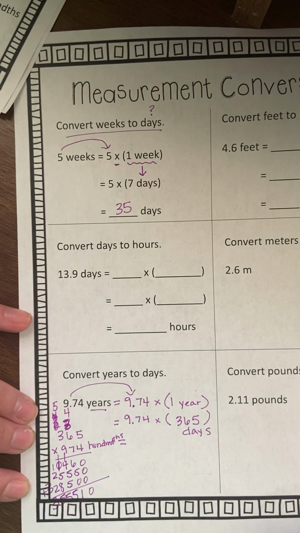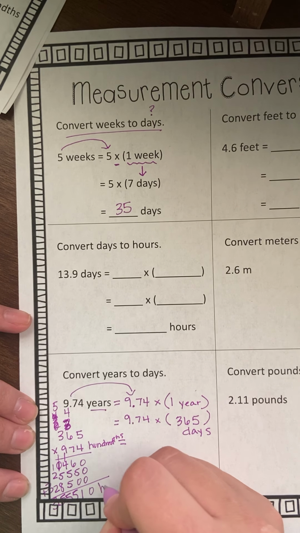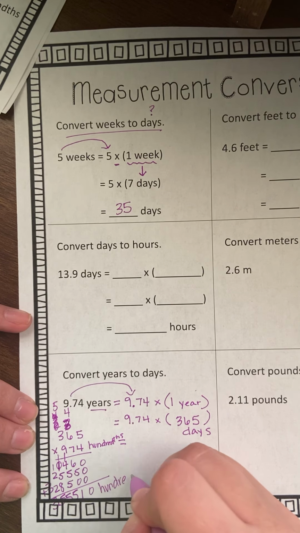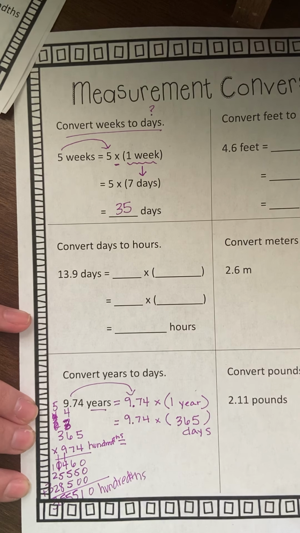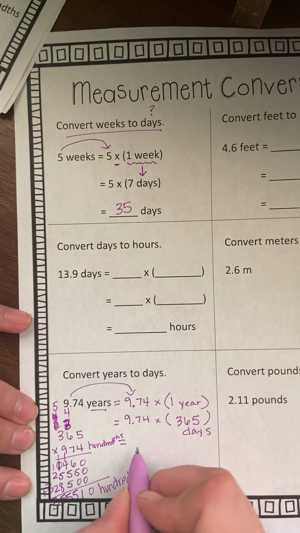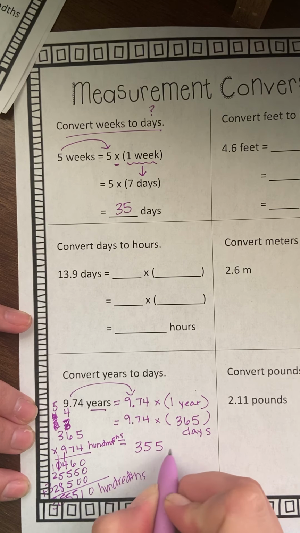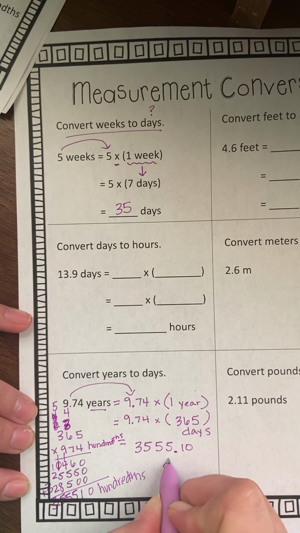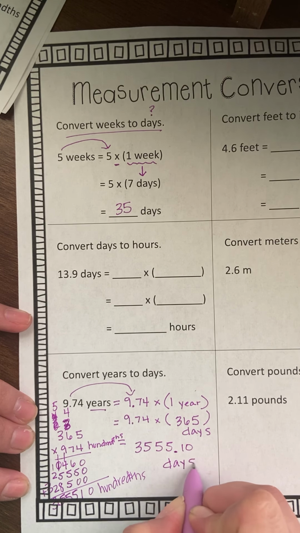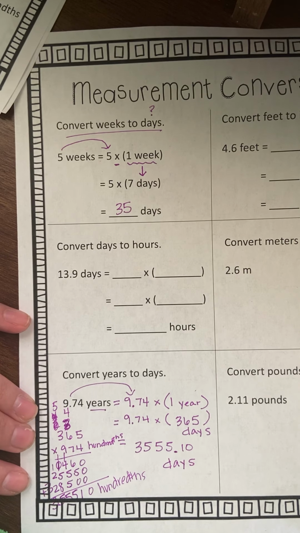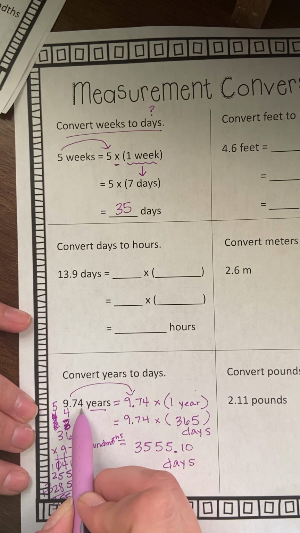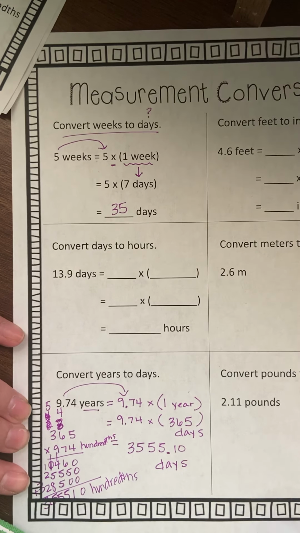And I'm going to bring down my 3. And I'm going to remember that this is hundredths. So I can say that there are 3,555 and 10 hundredths days in 9 and 74 hundredths years.